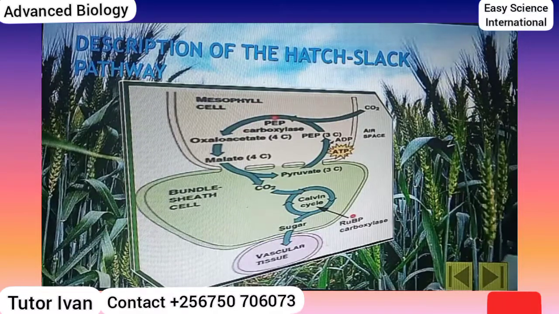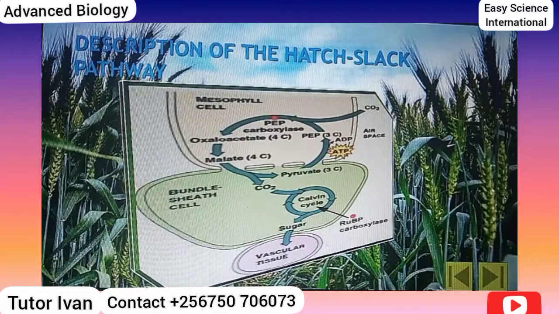We should note that the Calvin cycle also utilizes ATP energy, and therefore carbon dioxide in C4 photosynthesis is fixed twice.